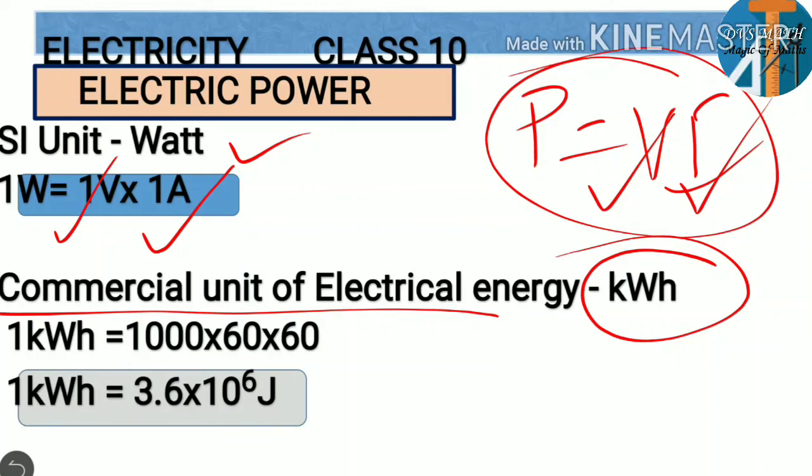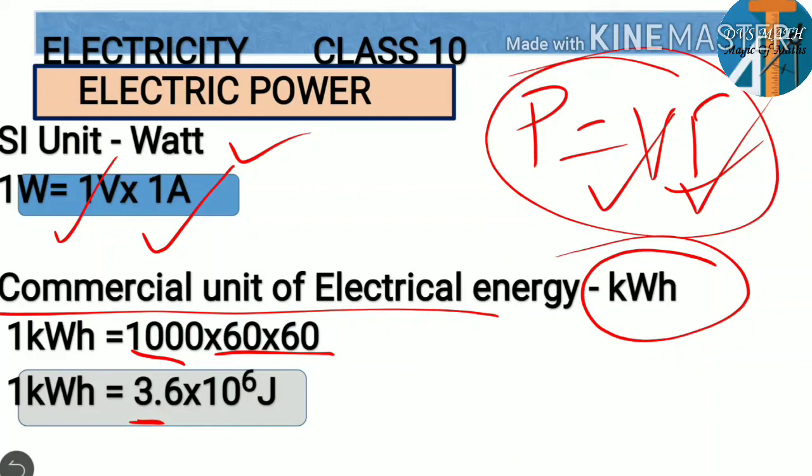And if they ask, convert 1 kilowatt hour into joules, that is, convert the commercial unit of electrical energy in terms of joules. 1 kilo means 1000. One hour is 60 minutes, 60 seconds, so 60 into 60. So 1000 into 60 into 60. If you multiply, you get 3.6 into 10 to the power of 6 joule.